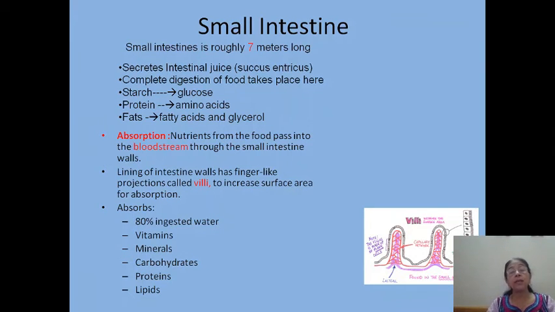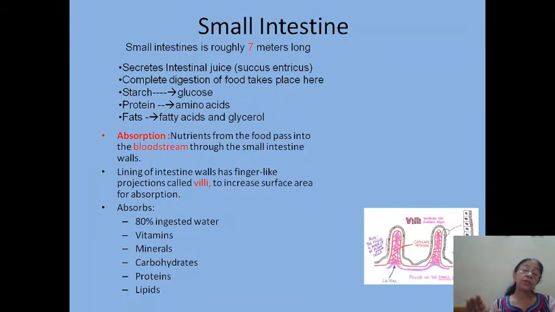तो स्मॉल इंटेस्टाइन is actually roughly 6.5 to 7 meters in length, and now small intestine will secrete an intestinal juice called succus entericus. This intestinal juice helps in the complete digestion of the food.